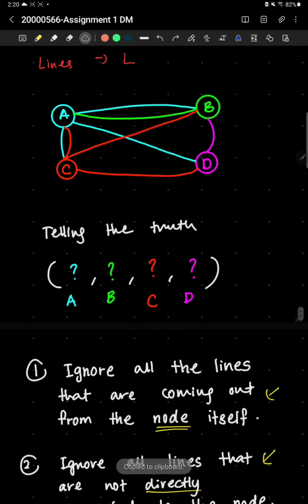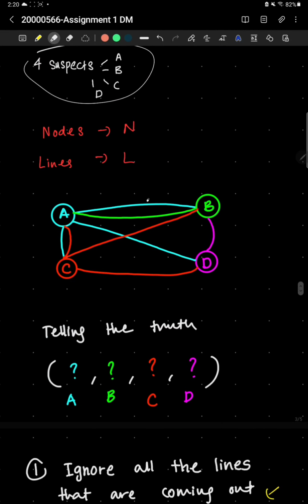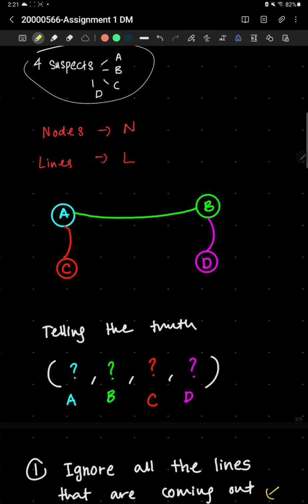So we remove all the lines coming out from A. Then we remove all the lines that are not directly connected to A. This one is not directly connected to A, this is also not directly connected to A, and this is not directly connected to A because D is only accusing B. So what is left is these two.